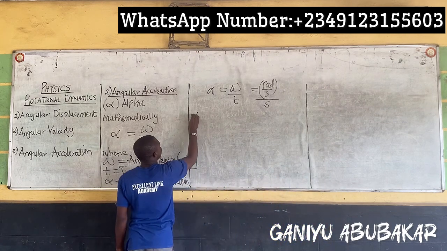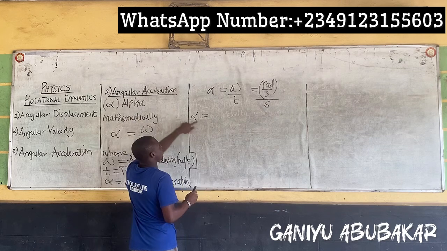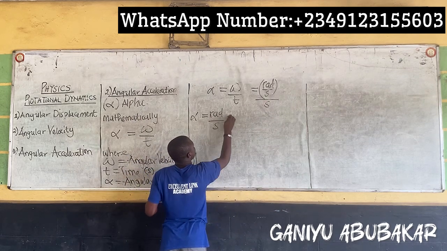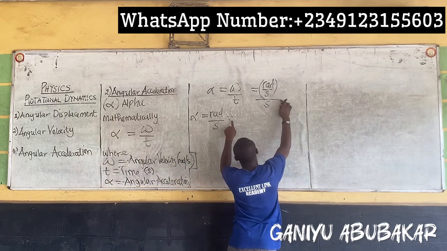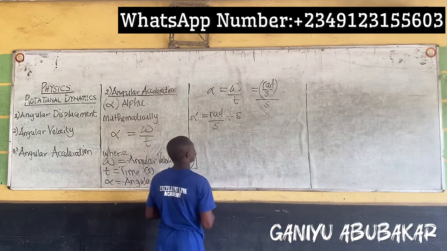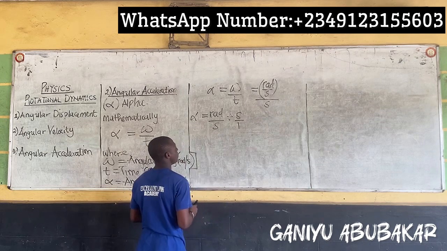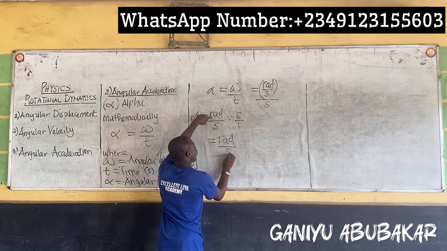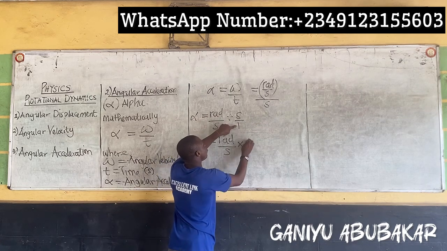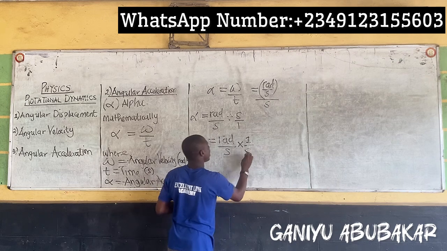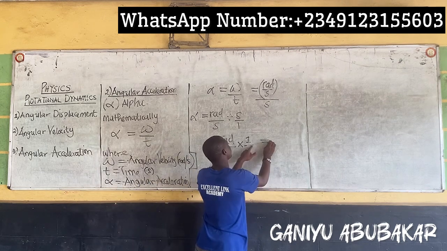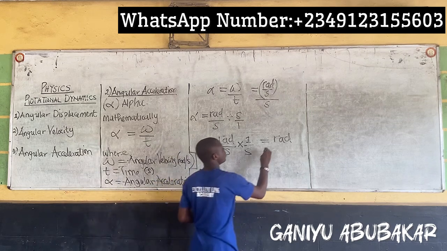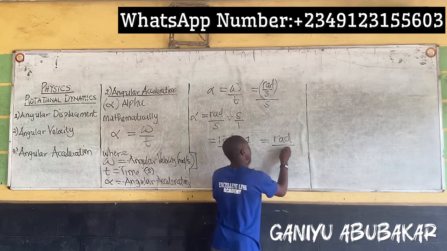The SI unit for angular acceleration will be rad per second divided by seconds. An invisible 1 is here, so the seconds go to the denominator. Multiplying through, rad times 1 is rad, all over s times s gives s squared.